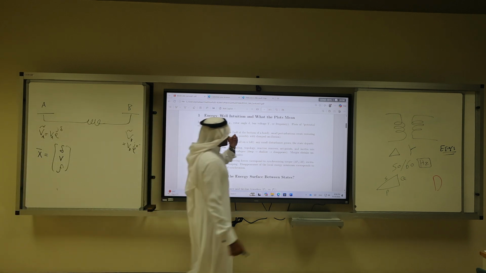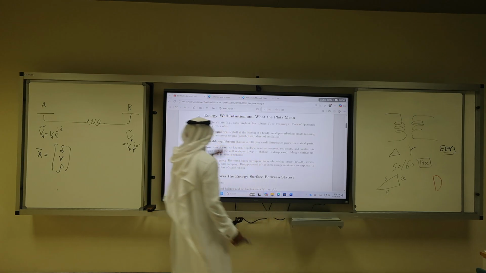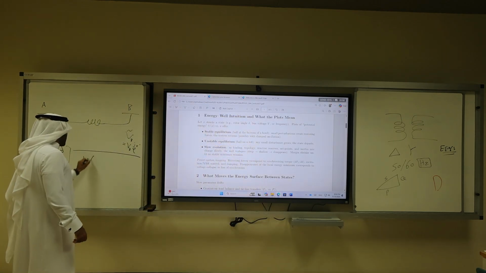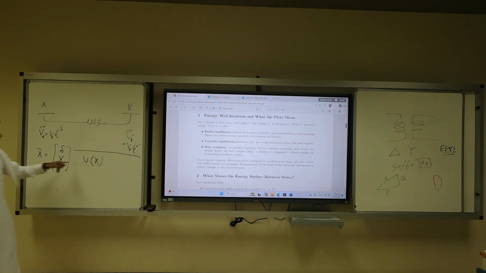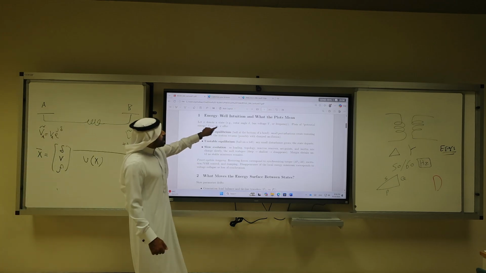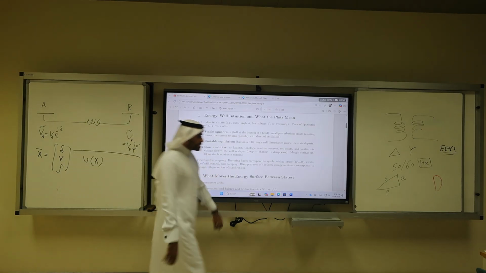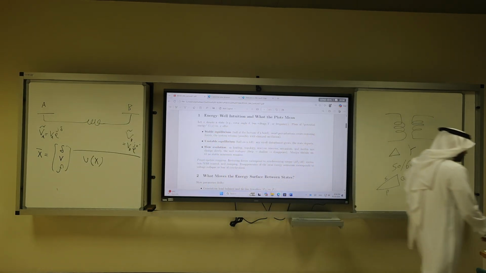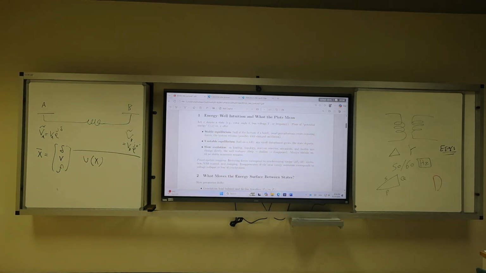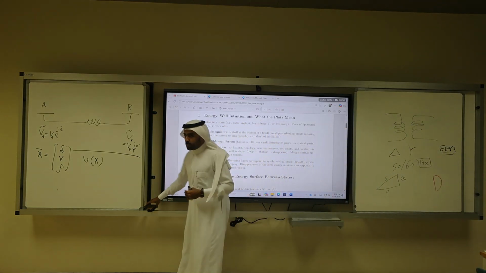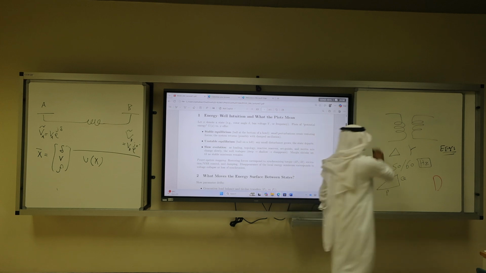So let's define a potential energy U as a function of X, which could be a function of delta, V, and frequency. We have one of 3 cases. The first case is stability. The reason I'm explaining stability is because we have to know what we're doing.